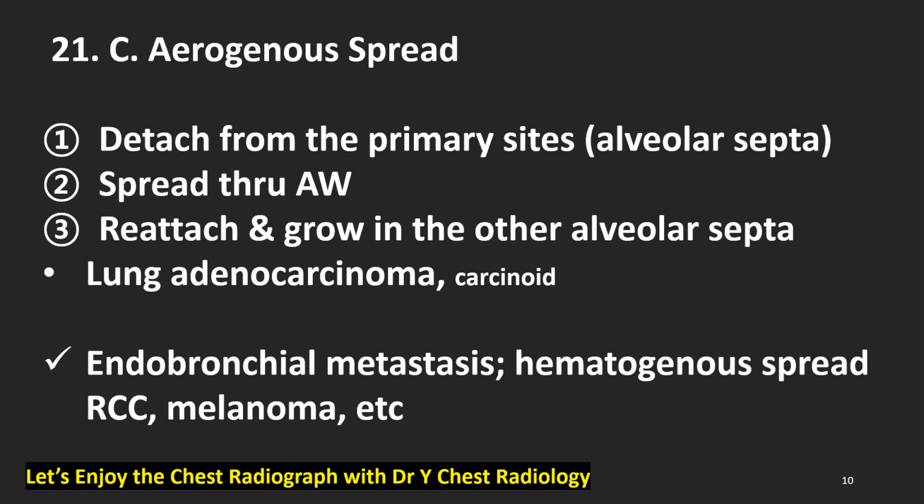And these cancer cells reattach and grow in the other alveolar septa. That is the mechanism of aerogenous spread. Lung adenocarcinoma is famous, and sometimes carcinoid also. And one more thing, endobronchial metastasis is a different mechanism. It is actually a hematogenous spread, such as renal cell carcinoma and melanoma, and some other cancers too.